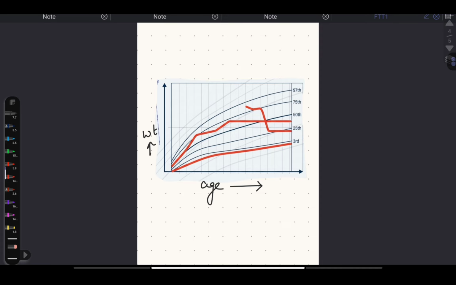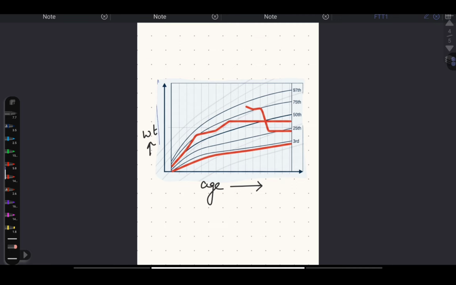The first characteristic is lack of growth, which means weight for age is less than the third centile. So here is our third centile. In this third line that you can see, it is constantly below the third centile. So this fulfills one of the characteristics of failure to thrive.